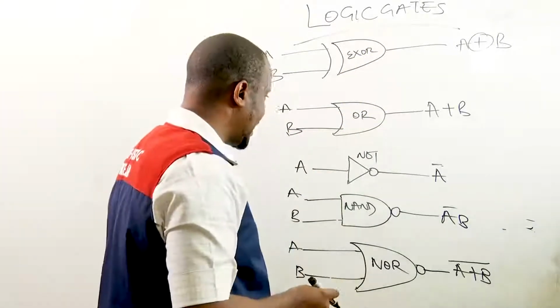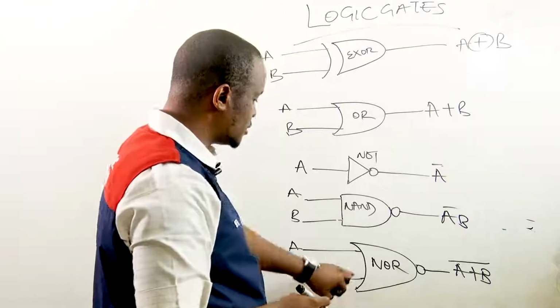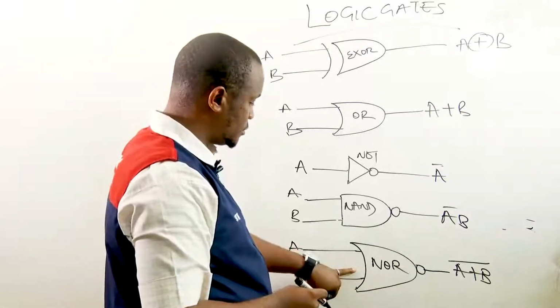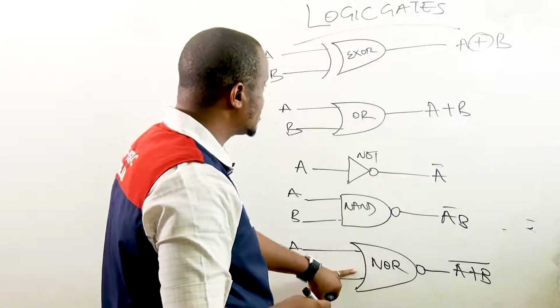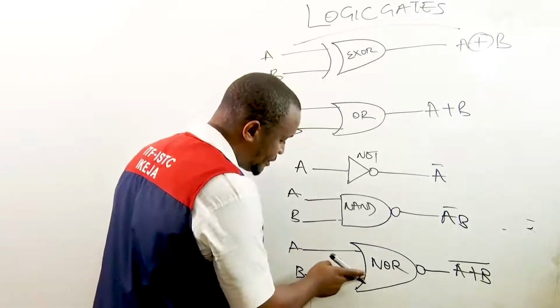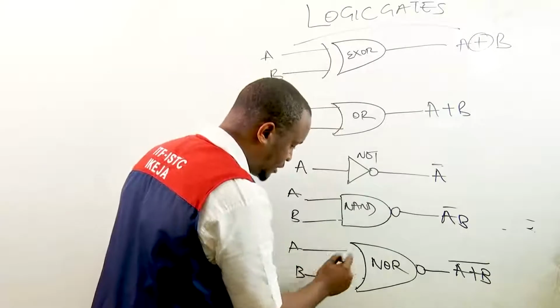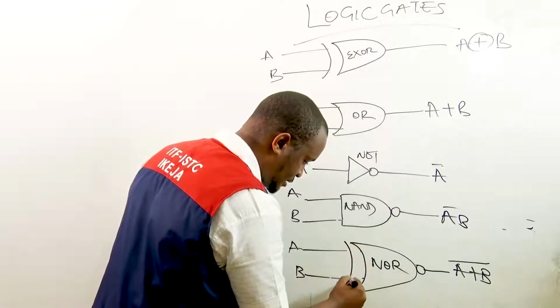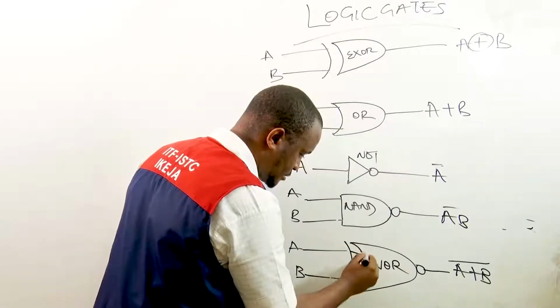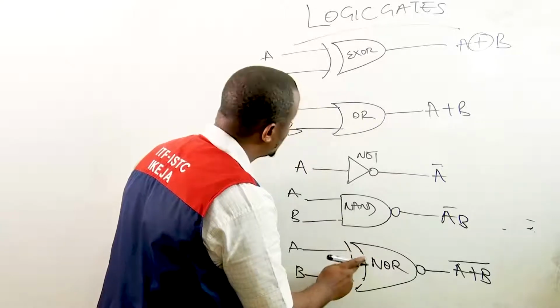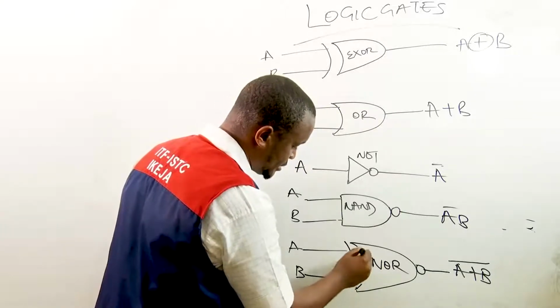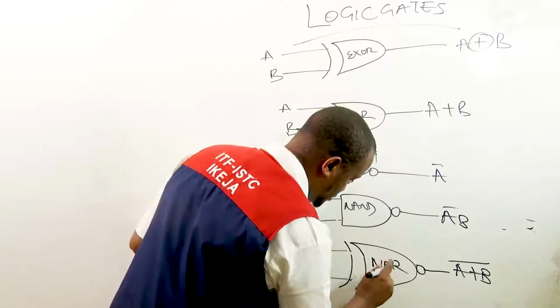So we write it this way. Then the next one is the XNOR. So this is the NOR. The difference now with the XNOR is that we have an additional arc here, just like this. Once you have an additional arc here, we now have it as what?